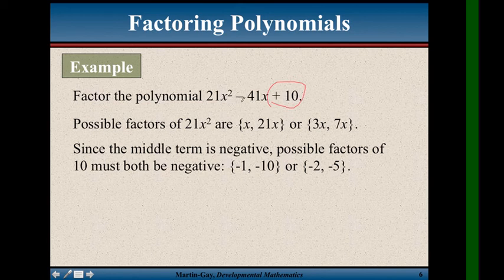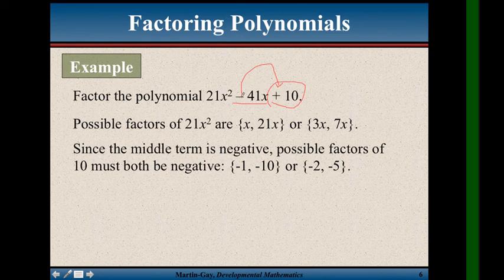Since we have a negative in the middle, and a positive for our third term, that means we need the sign of two numbers that when you multiply them you will get a positive sign, and that is positive times positive and negative times negative.